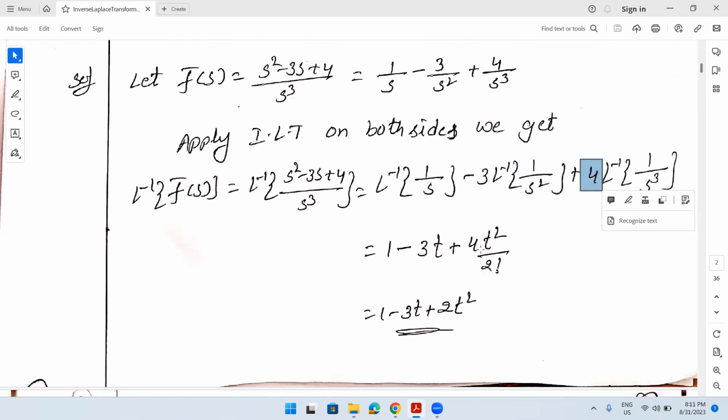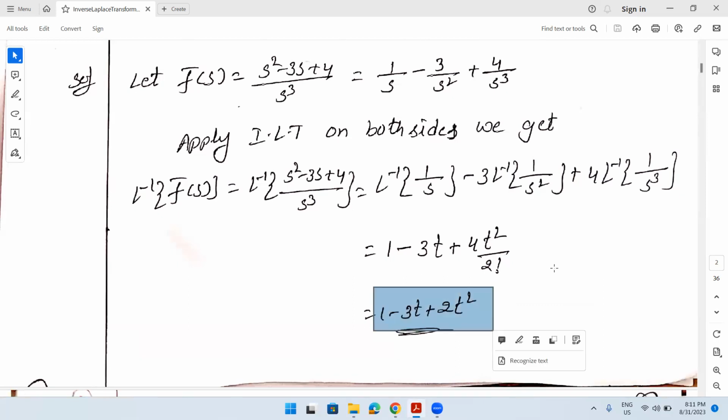Next 4 into L inverse of 1 by s power (n plus 1), which is t power n by n factorial. Here n plus 1 is 2 plus 1, so t power 2 by 2 factorial. So 2 gets cancelled. We get 1 minus 3t plus 2t squared.